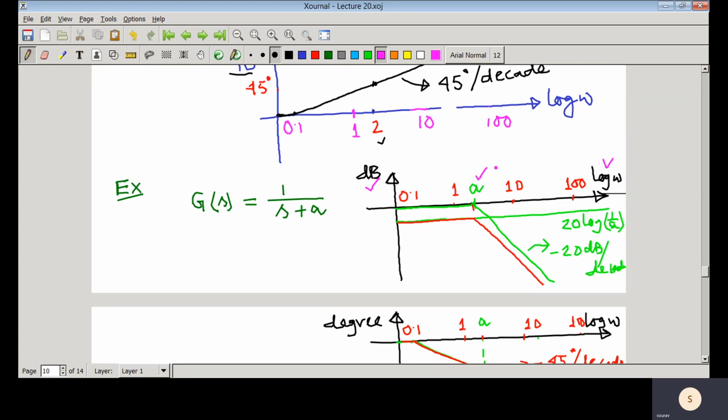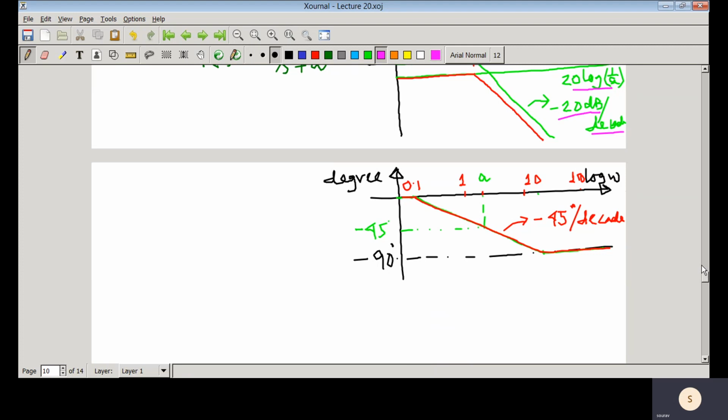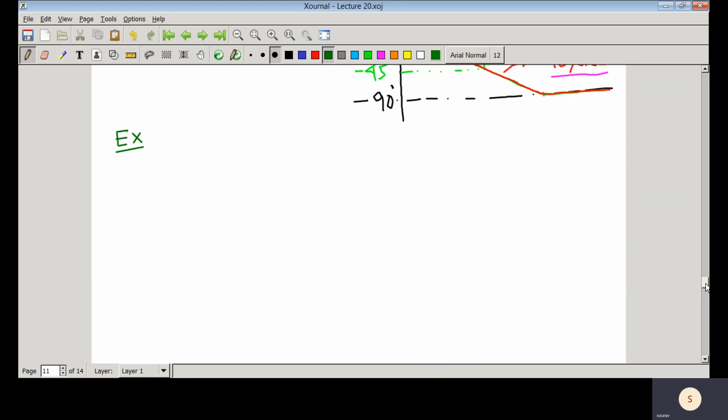Then do not forget to mention the corner frequency, as well as the slope, this gain, and here also this slope. So let us see, whenever we just plot s or 1 by s, what the asymptotic Bode plot would be. So let us see.